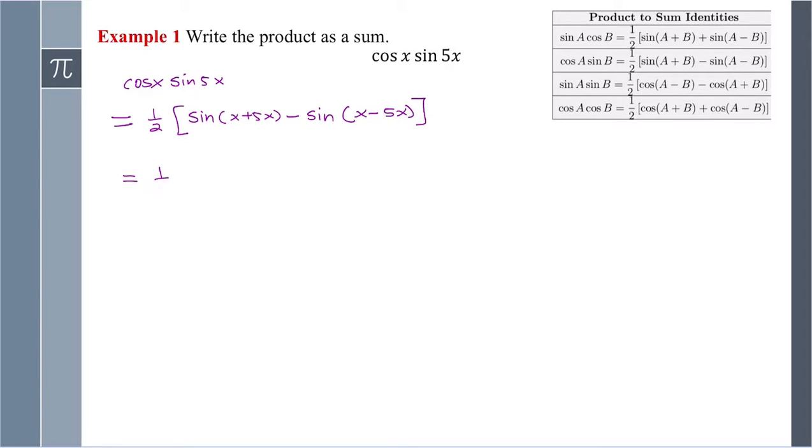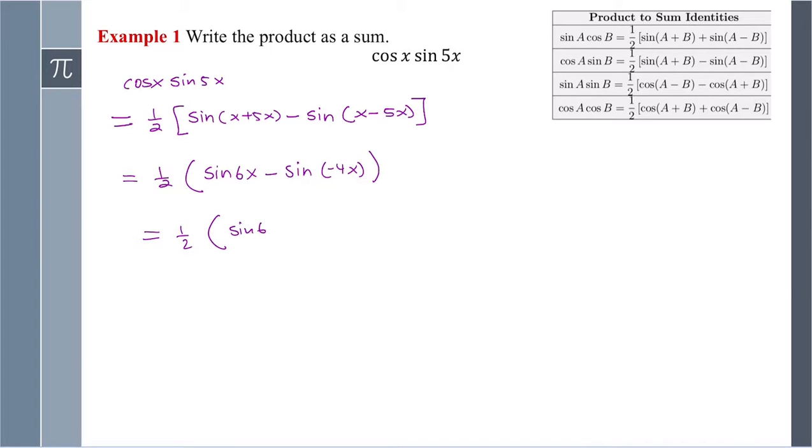So here we have sine of x plus 5x, which is 6x, minus sine of x minus 5x, which is negative 4x.